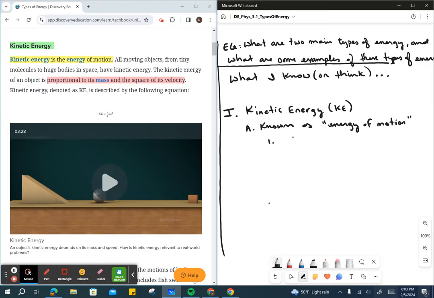It is proportional, see that in red there, proportional to the mass and the square of its velocity.